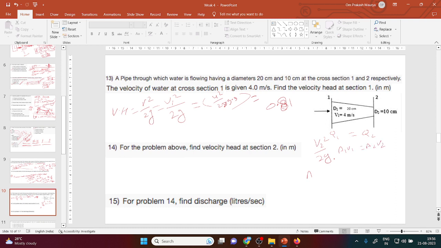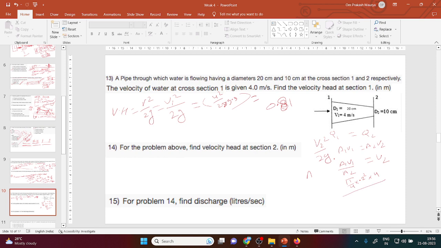So for calculating v2, it is A1 v1 by A2. For A1, pi by 4 into d square, that is 0.2 square, because 20 centimeter is given, I am converting here to meters.